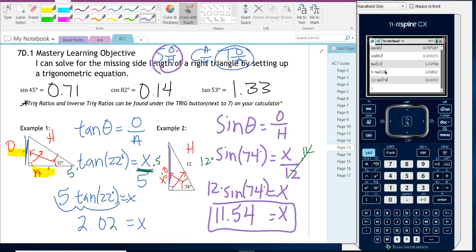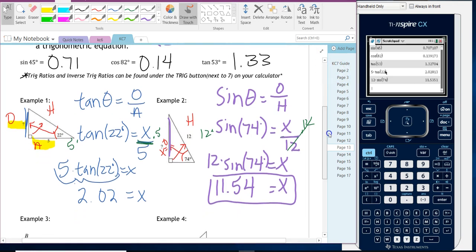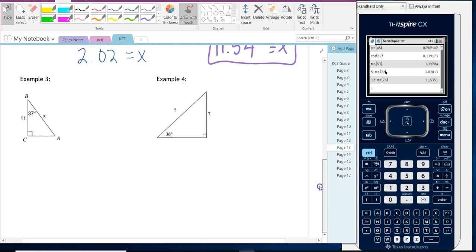All right, I'm going to go ahead and scroll down looking at our other examples here. Example number 3, again, label what we have. So from my given angle, this would be my opposite side, this would be my hypotenuse, and this is my adjacent side. So right now, the only two things I have are my adjacent and my hypotenuse.